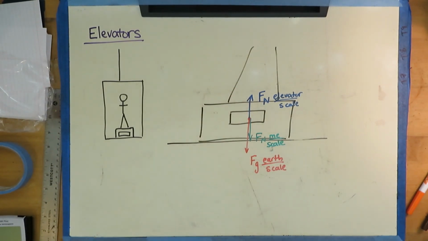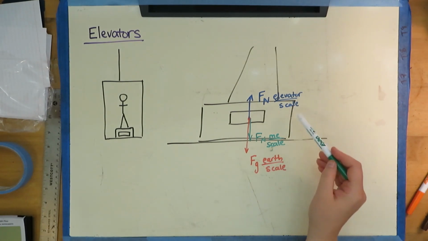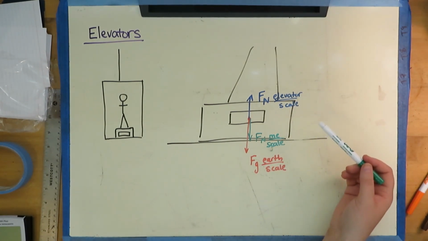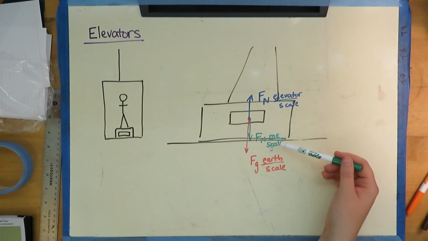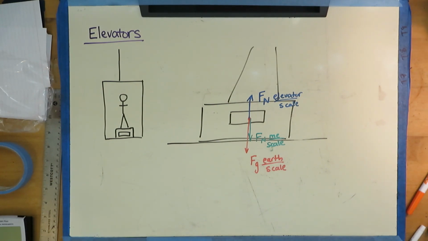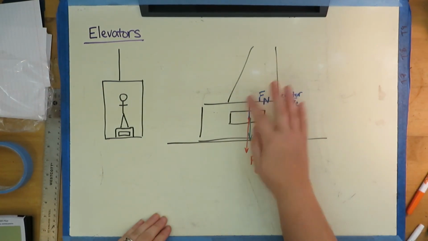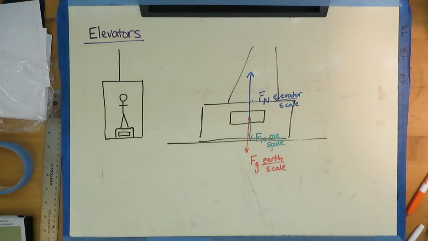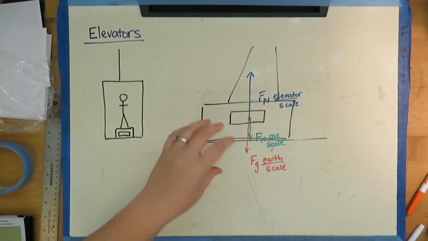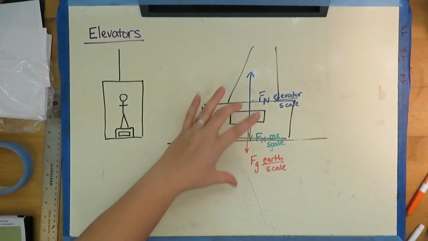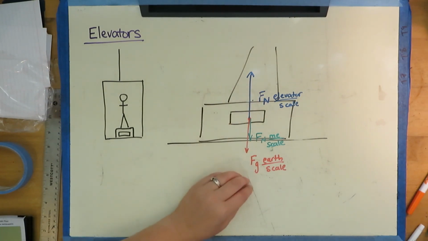Now, I just picked an arbitrary length for my normal force here, but that value is wrong, because the normal force of the elevator on the scale would have to balance out these two forces. But I don't really care about that, because when you place the scale without anyone standing on it, it basically takes care of the force of gravity and the normal force due to the Earth.